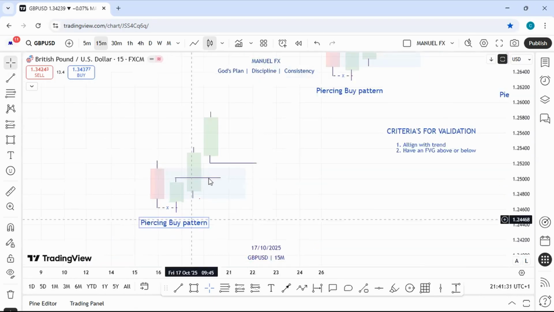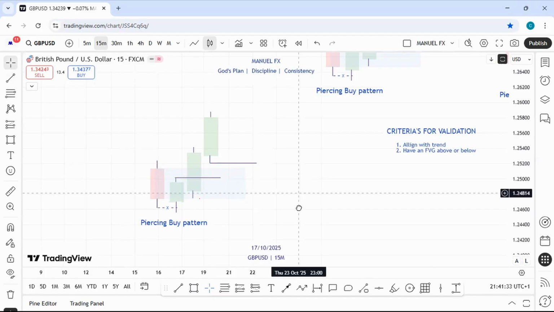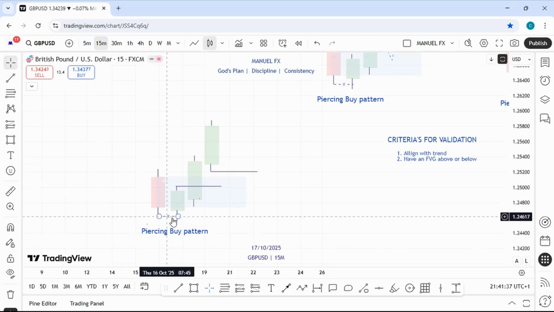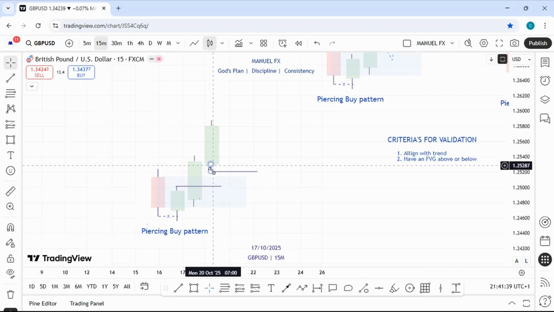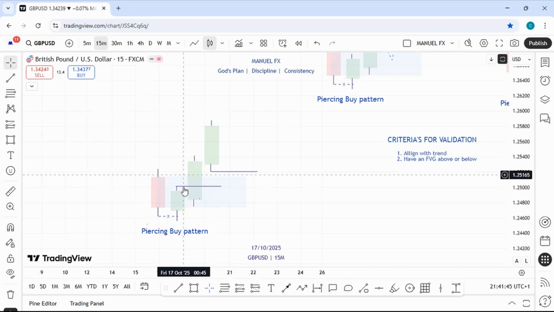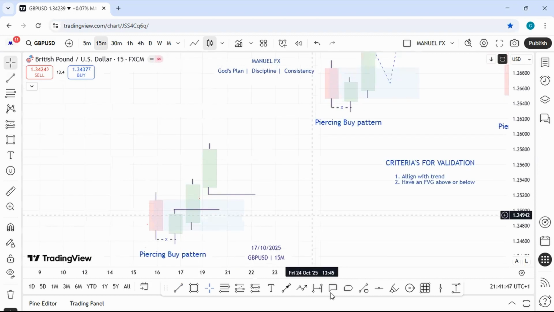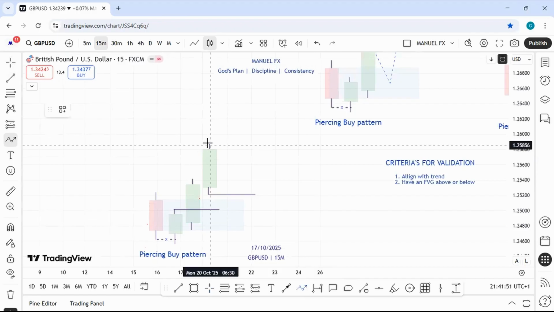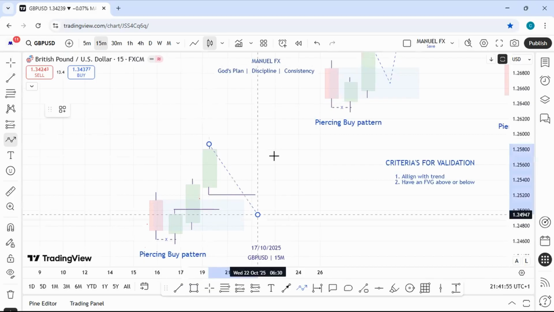So this is a fair value gap. Why? Because there is a space between the first candle, the candle that swept liquidity, and the third candle. Once you see a space between the first candle and the third candle, just know that price will definitely come back and take out that space, and then keep going.